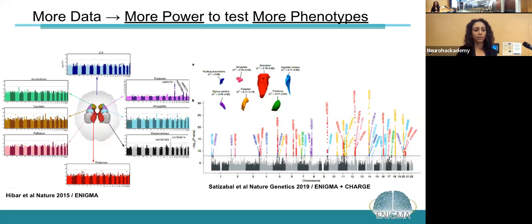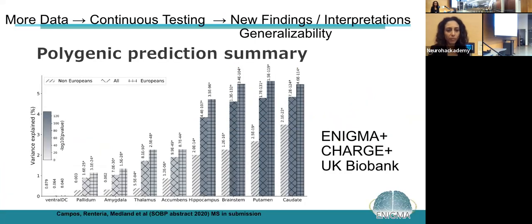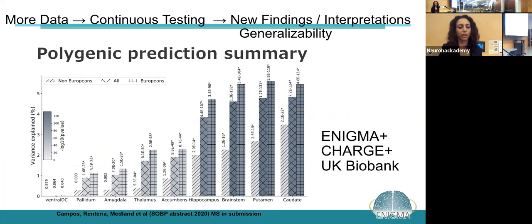Let's run associations with volumes of other structures of the brain. And again, we are seeing that we can predict some percent of the variance explained in individuals of European ancestry and in individuals of non-European ancestry with these large samples.